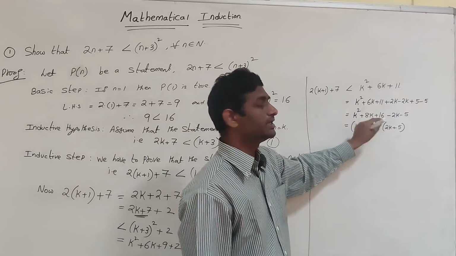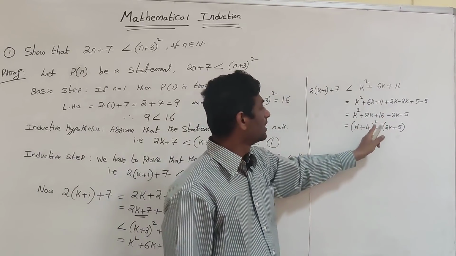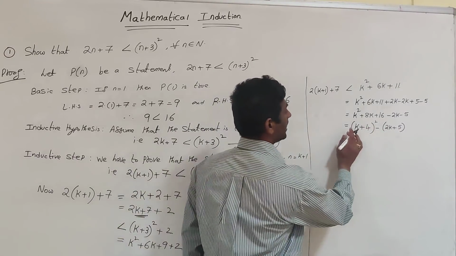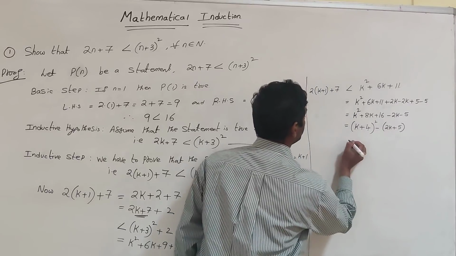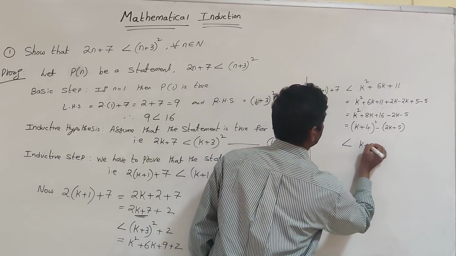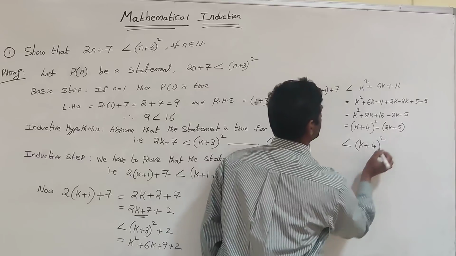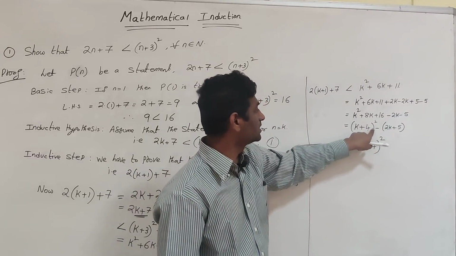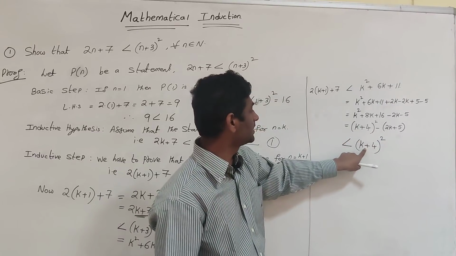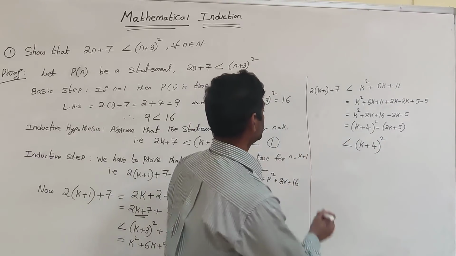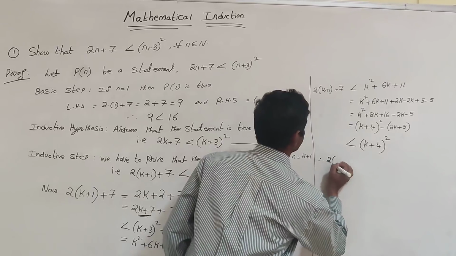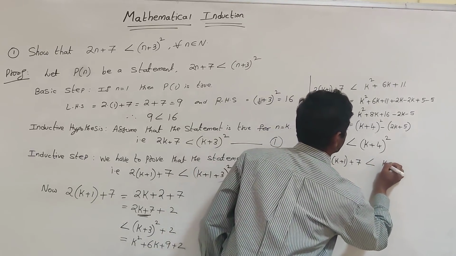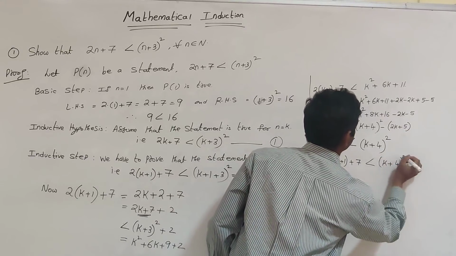From that we are removing some value 2k plus 5, which means the entire value will always be less than (k plus 4) whole square, because we are removing a positive value from it. So we can conclude 2 times (k plus 1) plus 7 is always less than (k plus 4) whole square.